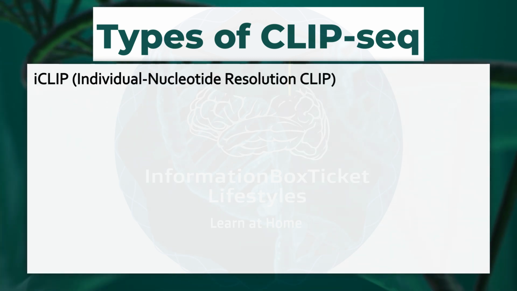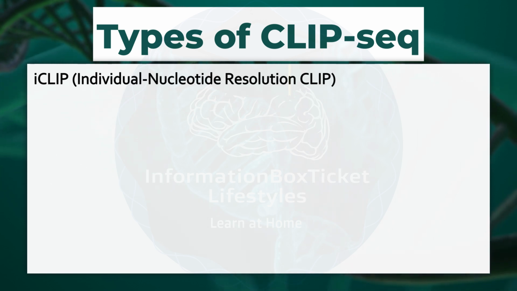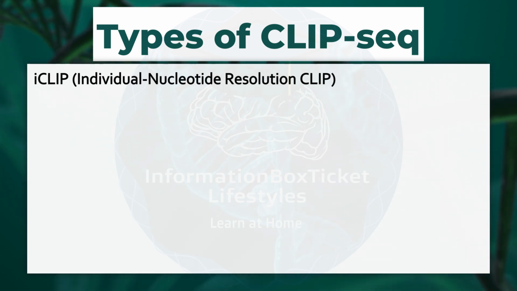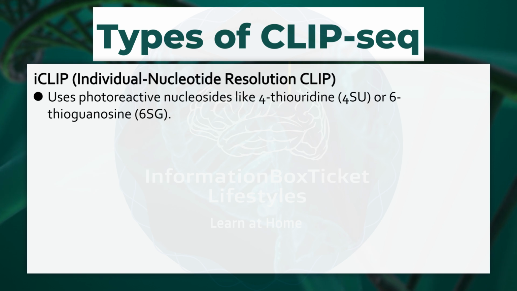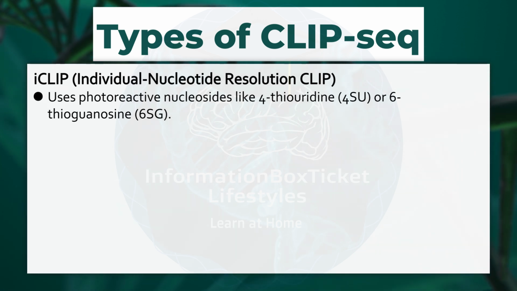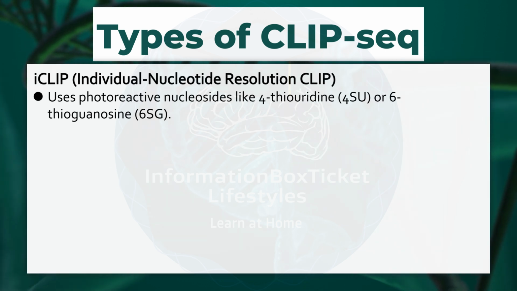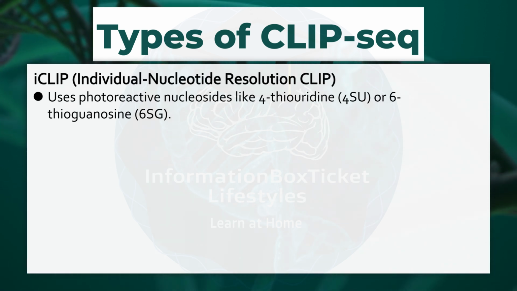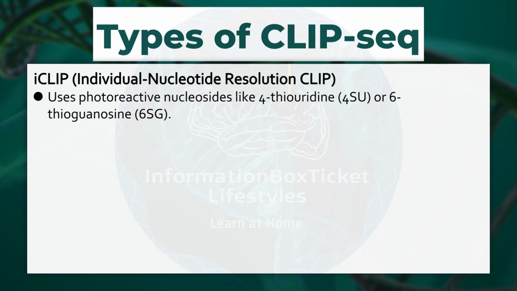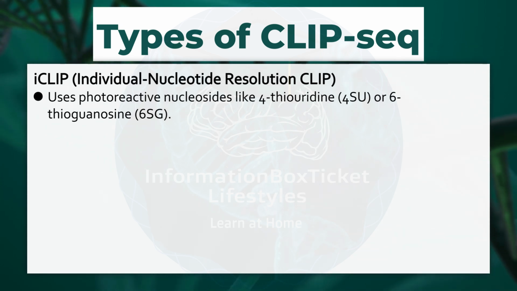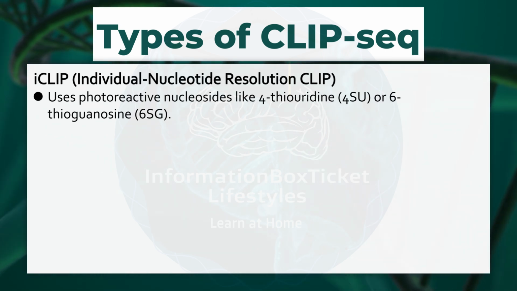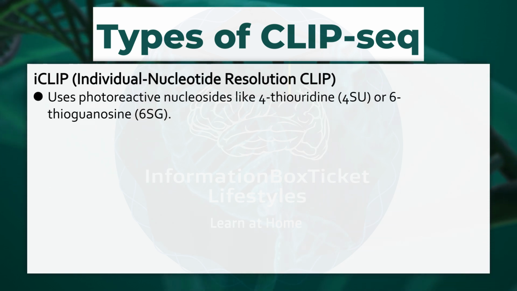Individual nucleotide resolution cross-linking and immunoprecipitation. Developed to overcome reverse transcription stops at cross-link sites causing truncated cDNA in high-throughput sequencing, cross-linking and immunoprecipitation, and photoactivatable ribonucleoside-enhanced cross-linking and immunoprecipitation.